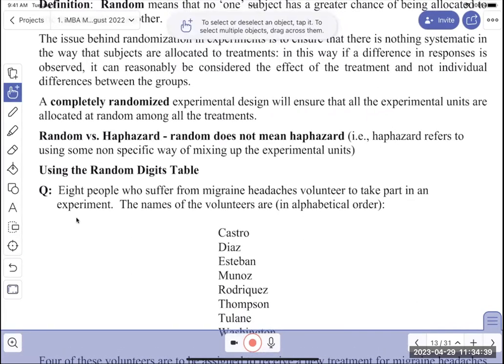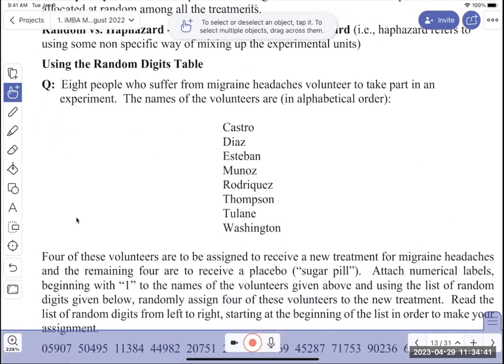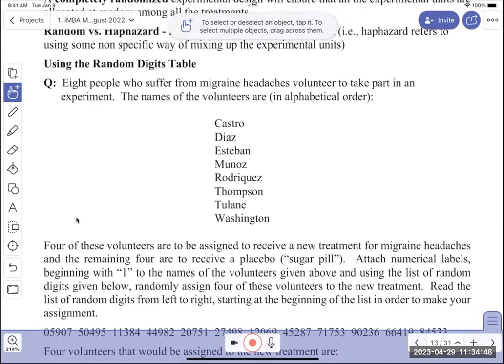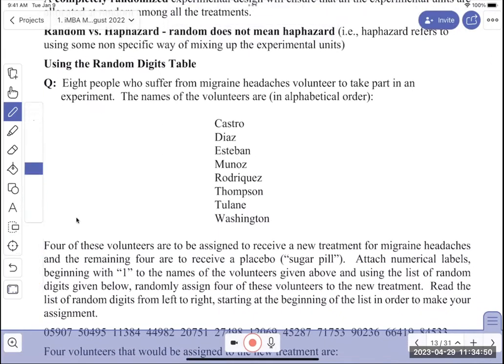So you review in the videos, if you've seen them, how to proceed to select subjects from a list of candidates for an experiment. So here's an example. Here are the volunteers that have come to participate, and we want to label them, and we're told to begin with labeling with 1.